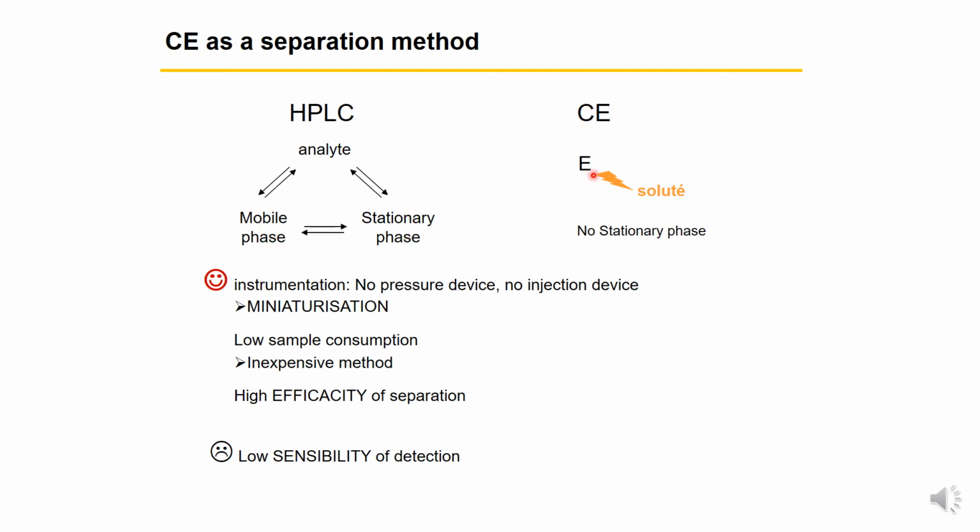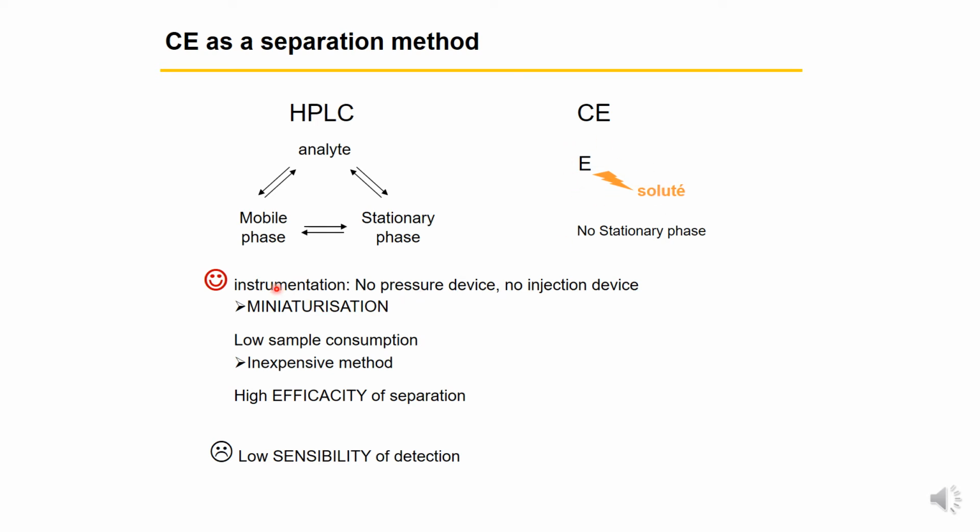Concerning capillary electrophoresis, we know that the separation is due to the migration of the compounds under an electrical field. There are no stationary phases in capillary electrophoresis, and there is no pressure in capillary electrophoresis. This is only the separation with an electrical field.